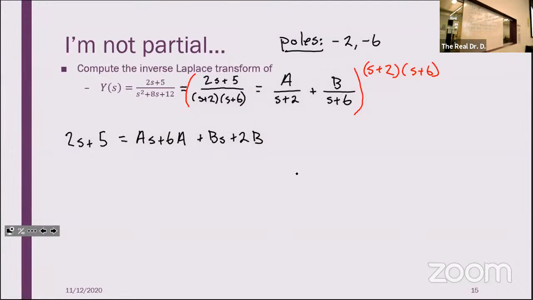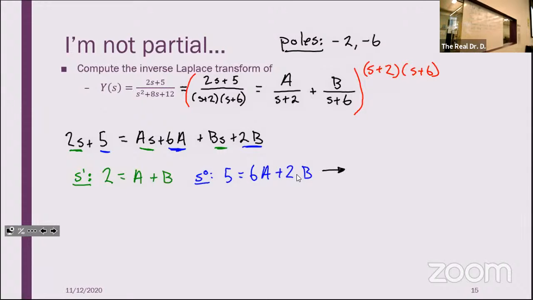Everybody cool? Everybody with me so far, sees what I'm doing? All right. I'll take my green terms, my s to the 1 terms. This is 2 is equal to A plus B. I'll take my blue terms, or my s to the 0 terms, and say that 5 is equal to 6A plus 2B.